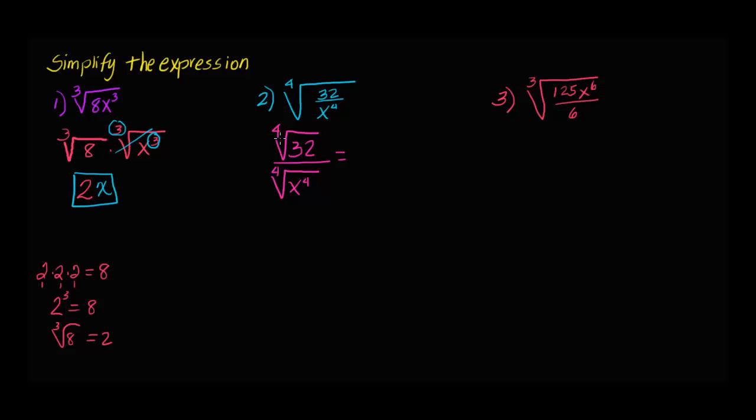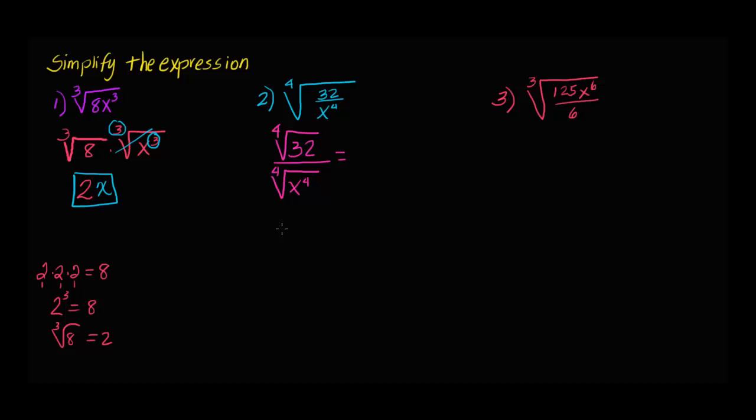What is the 4th root of 32? I have to think of a number that I multiply 4 times and I'll get 32. Is there a number? There isn't. But I can write 32 as a product of 2 numbers, one of the numbers being a perfect 4th root.